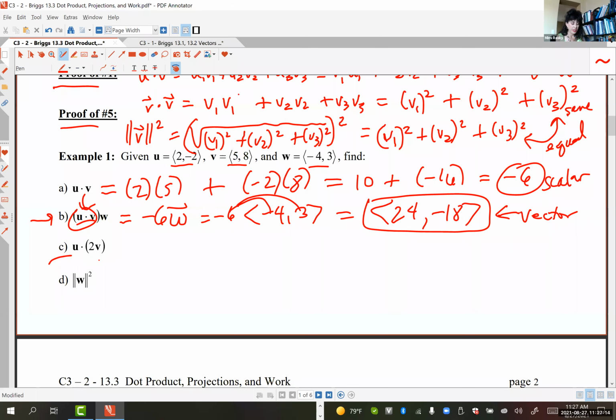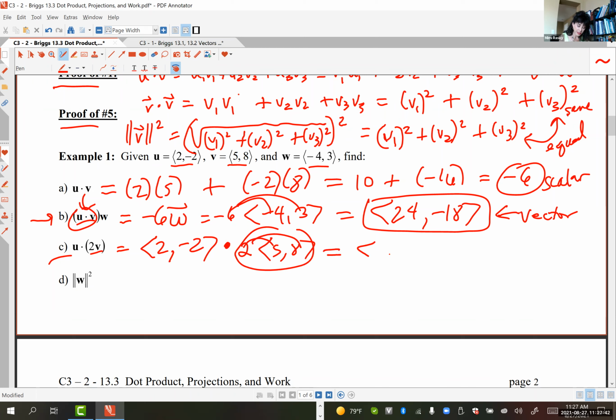Letter C, you're going to take the dot product of u with twice v. So I'm going to do this in slow motion. So u is 2, negative 2. And you're going to dot product that with twice the vector v, which has components 5, 8. So we're going to do the scalar multiple first.